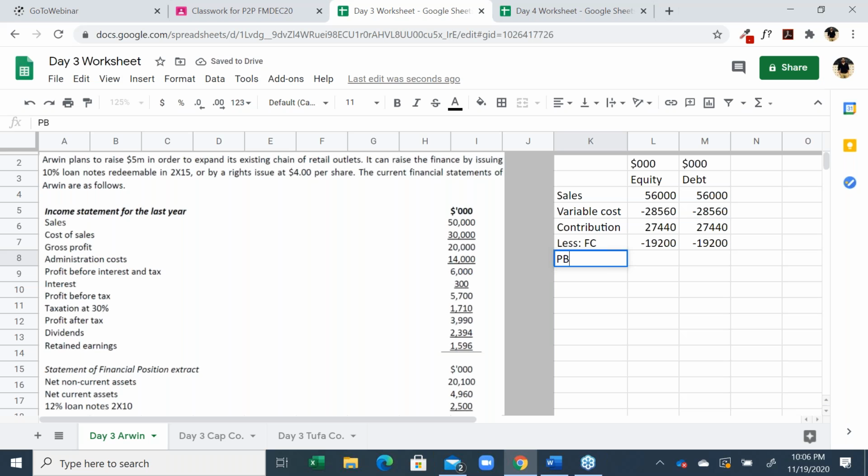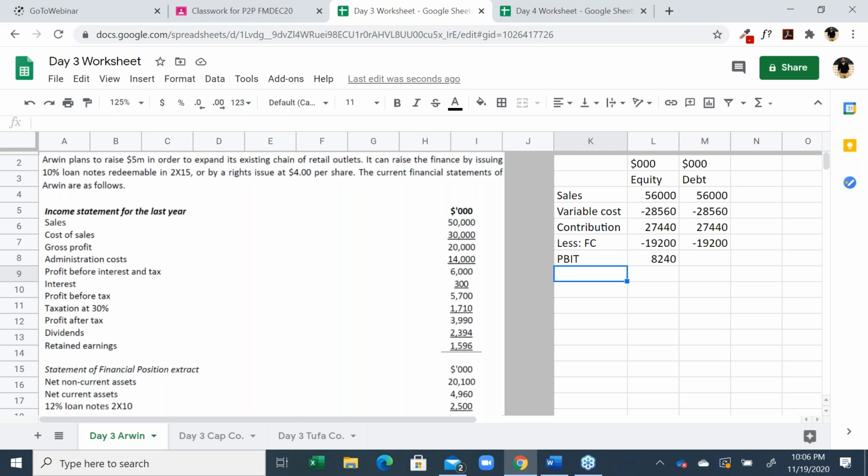Then we have PBIT. No, it's the expansion. And expansion means that you have increased the sales volume, not the sales price.